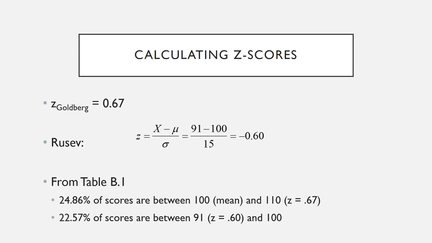So since we're just trying to find distance from the mean in this case, you can look up in the table the percentage associated with a z of 0.6. Okay, so you don't need to have negative z-scores in the table in order to figure out the distance from Rusev to the mean. In order to find his relative distance from the mean, at that point you can disregard that negative sign.